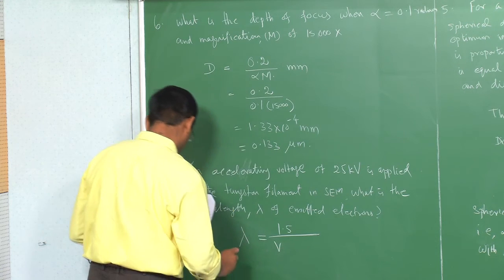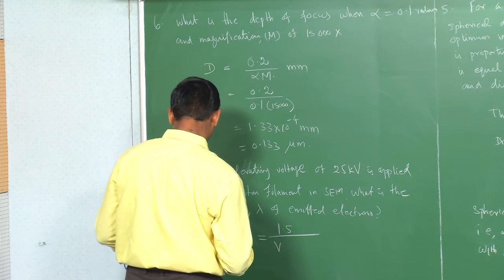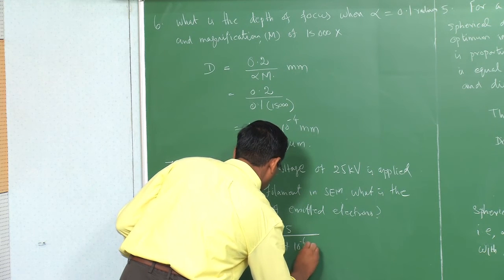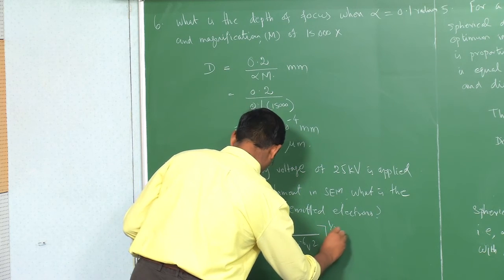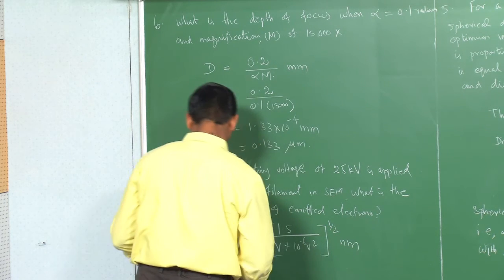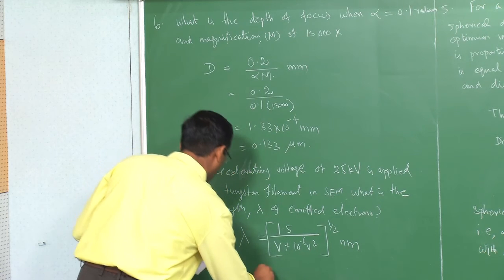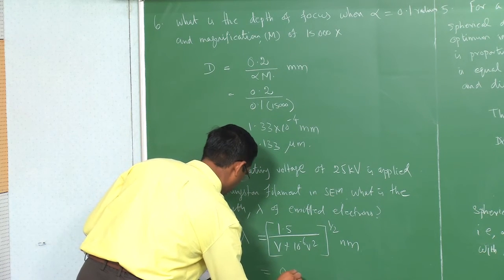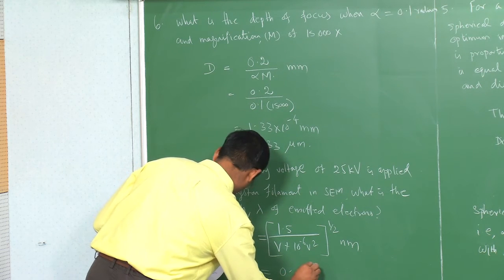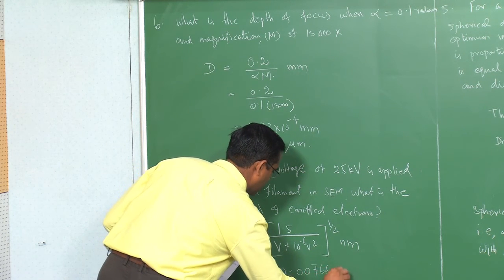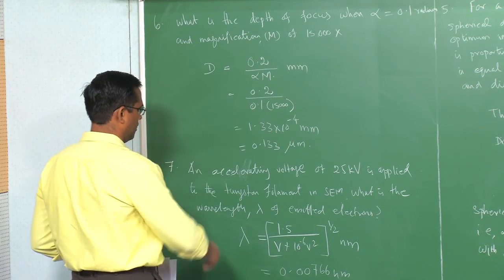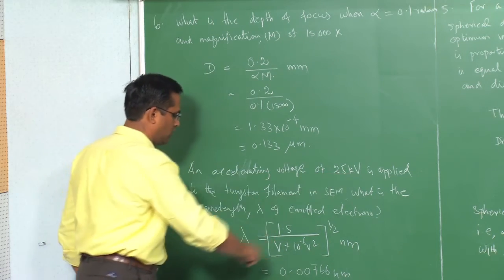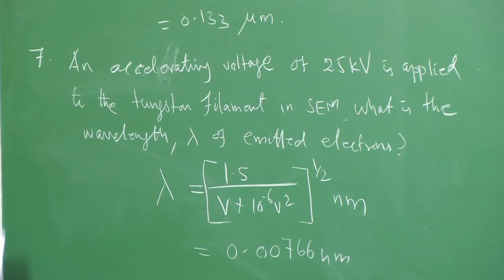We have seen that, so straight away you will get 0.00766 nanometer for this kind of voltage. For 25 kilovolt you will get in this range.